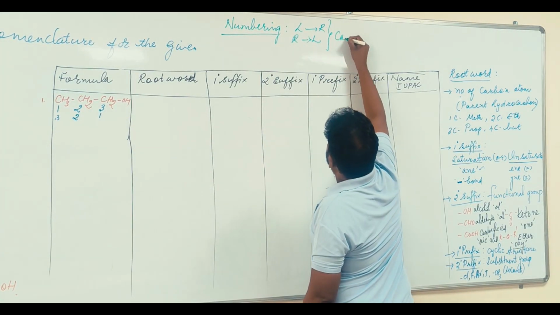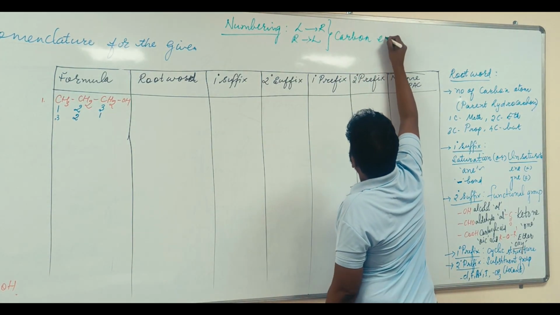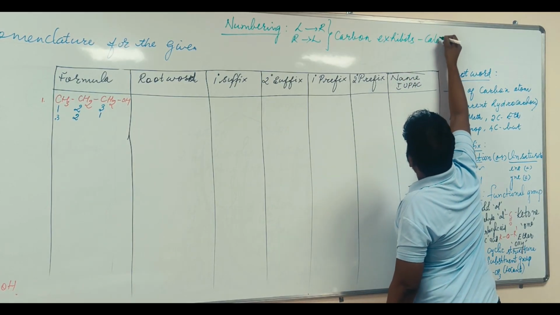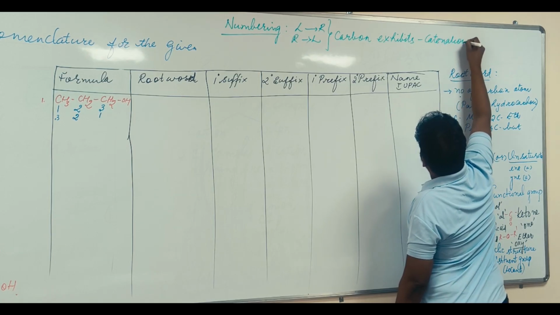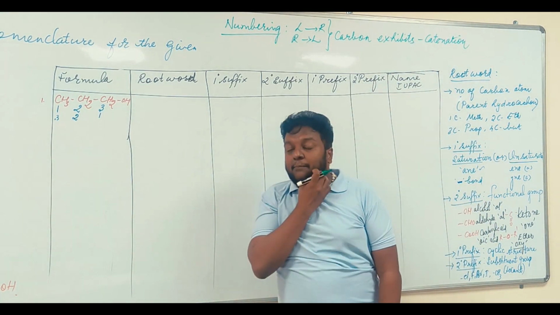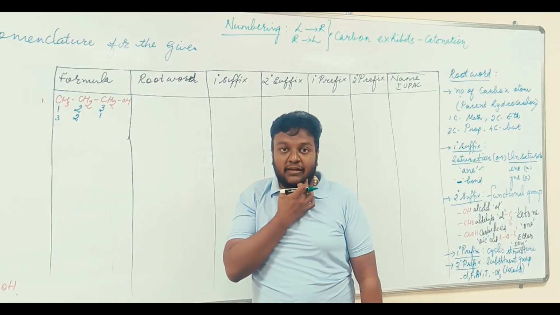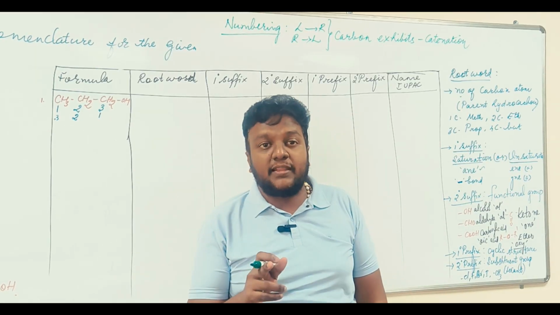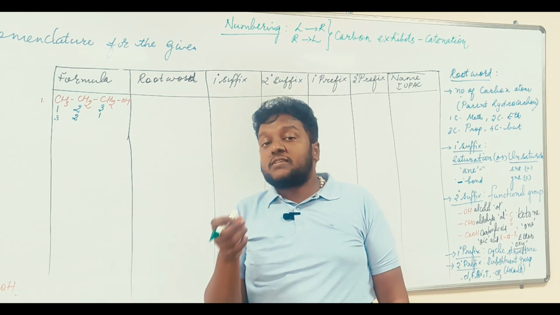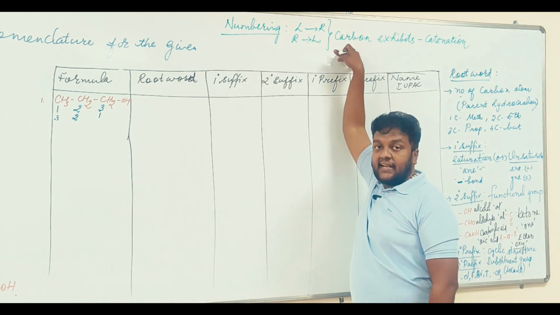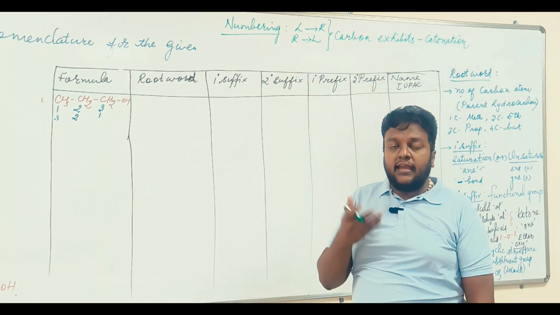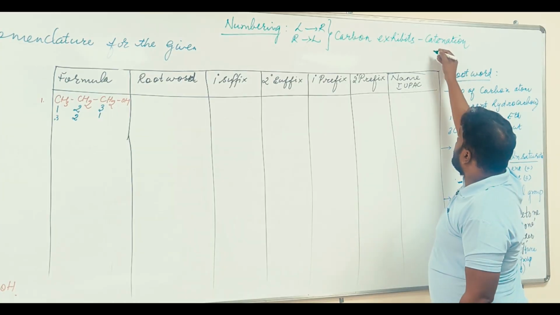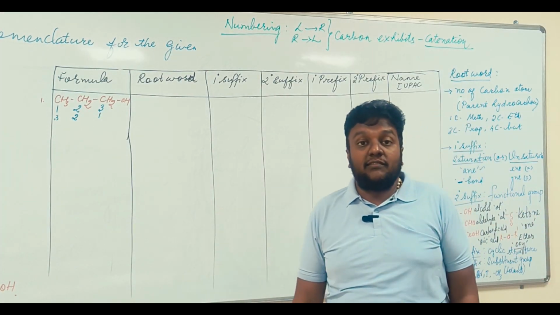Because carbon exhibits a property called catenation. That is why carbon is considered to be the backbone of organic compounds. Totally 118 elements are there in the periodic table, but only carbon is considered the backbone of organic compounds. Why? Because carbon has unique features like catenation. Isomerism is there, tetravalency is there, so many properties, but the most important property is catenation.